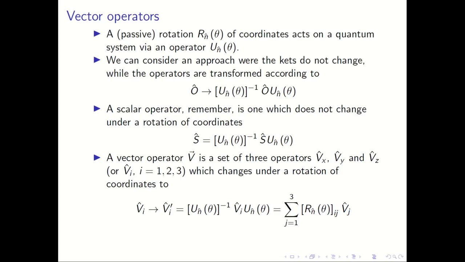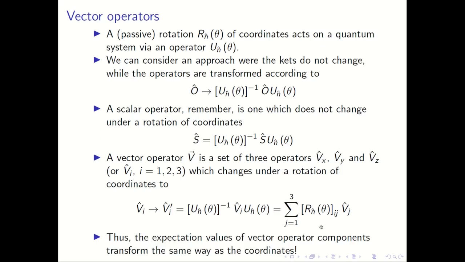So this is really what a vector operator is. And since we are assuming in this picture that the kets don't change, the matrix elements and expectation values of vector operator components transform exactly in the same way as the coordinates do.